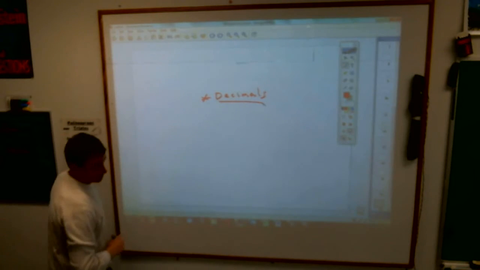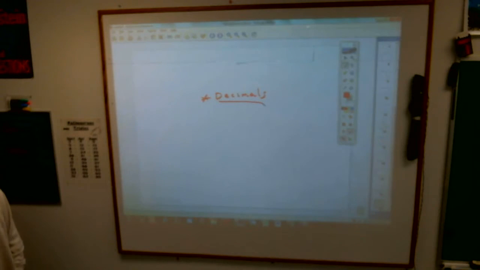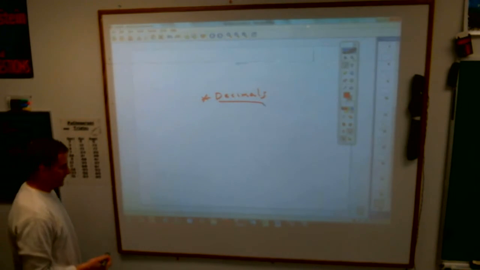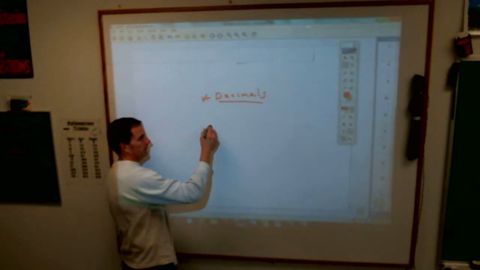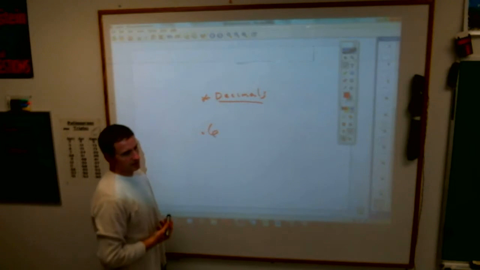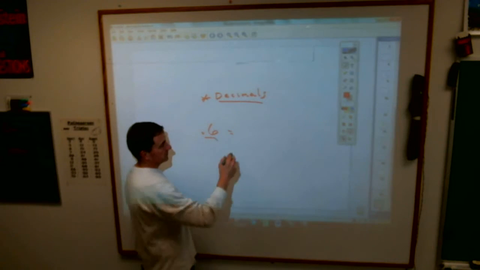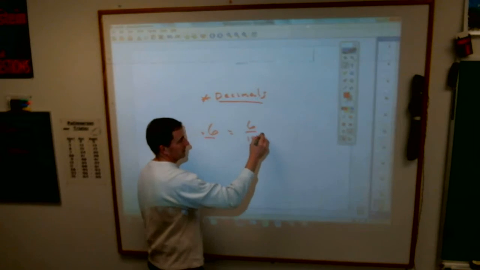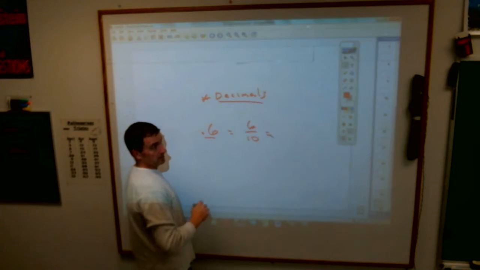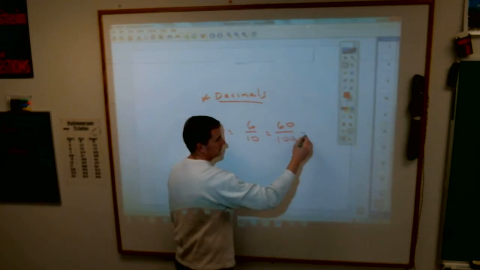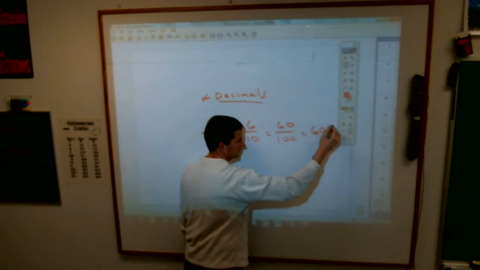Now, decimals to percent should be very easy for you because decimals are already in tens and hundreds, so it's really simple. For example, if it's 0.6 and you're changing that to a percent, you know that 0.6 is 6/10, and you know that 6/10 is how many hundredths? 60 hundredths, so you know that 6/10 is 60%.